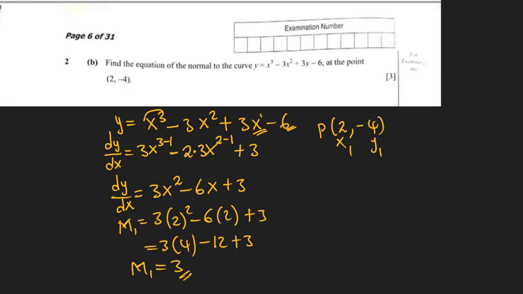Now, because it's an equation of the normal, how do you solve the equation of the normal? So where did you get the 3? I've calculated this.